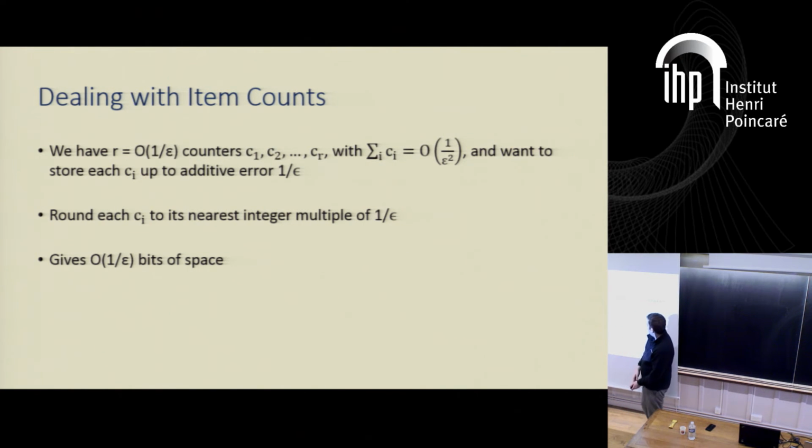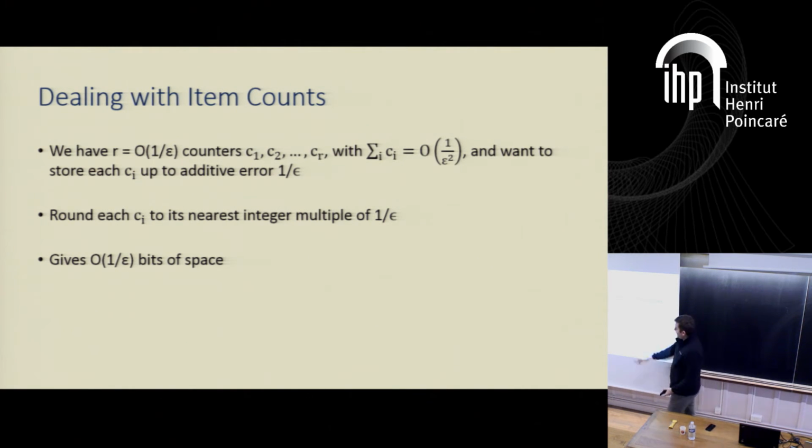Why? What is the sum of all of these integer multiples? It's 1 over epsilon, because the sum of all the counts is 1 over epsilon squared, and I'm rounding each count to an integer multiple of 1 over epsilon. So the sum of the integer multiples is only order 1 over epsilon.